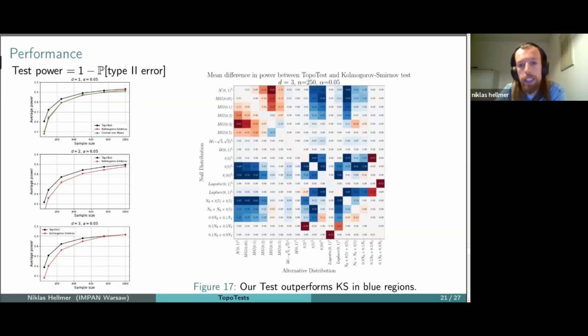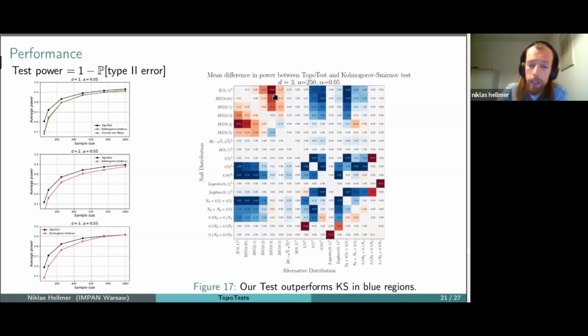And what you see here is the difference in power. So it's our power minus the Kolmogorov-Smirnov power in 3 dimensions for samples of size 250 at significance level 0.05. And so the blue color means that we are performing better. Red color means that Kolmogorov-Smirnov is performing better.